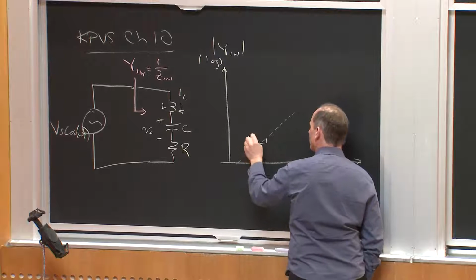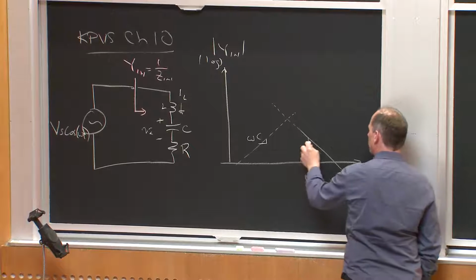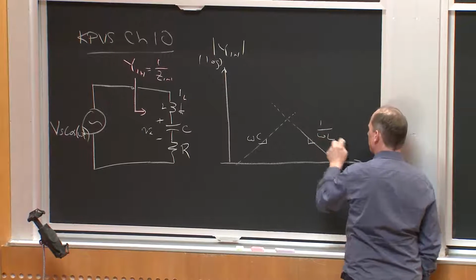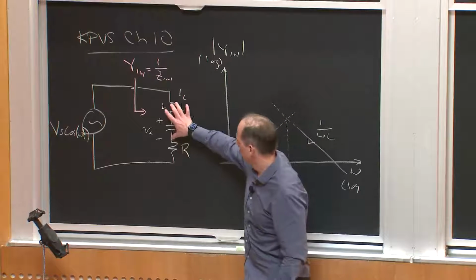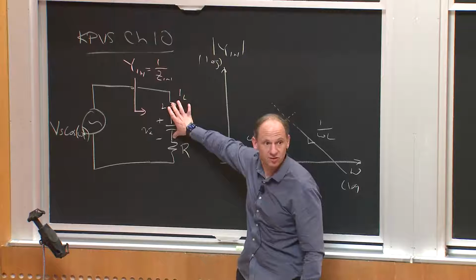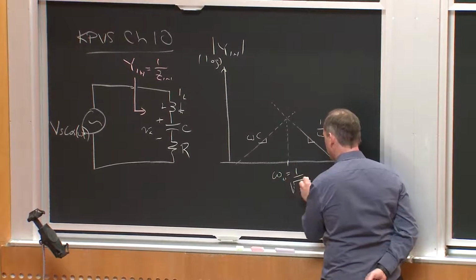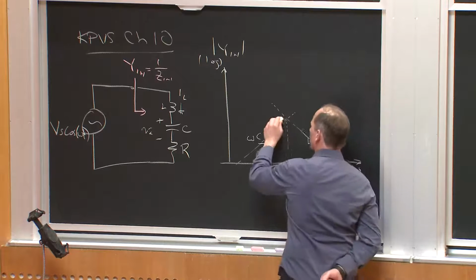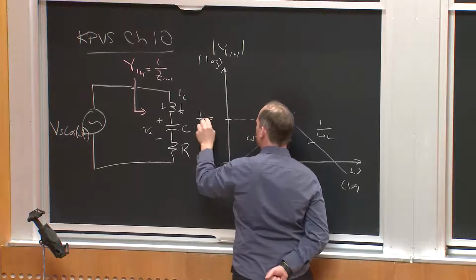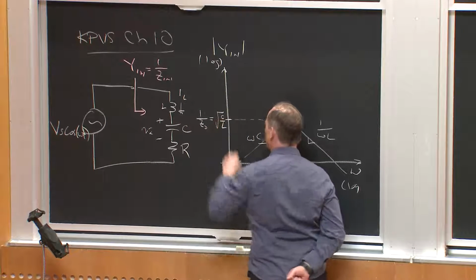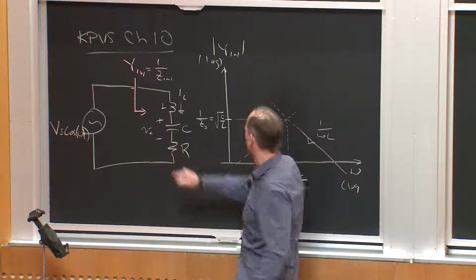So we get omega C, and at high frequencies, it's dominated by the inductor, so I get 1 over omega L. And at some frequency, the inductive and capacitive impedances cancel each other, and that's at omega naught equal to 1 over the square root of LC. And that asymptote happens at 1 over Z naught, which is equal to the square root of C over L. Okay? And right where these impedances cancel, the admittance goes to being 1 over R.